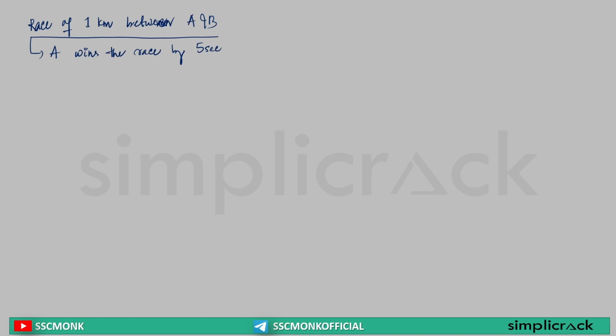What does this mean? For example, here A starts running from P. This is P, this is Q. A reaches point Q in T minutes.